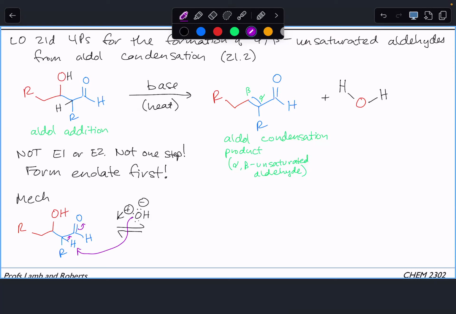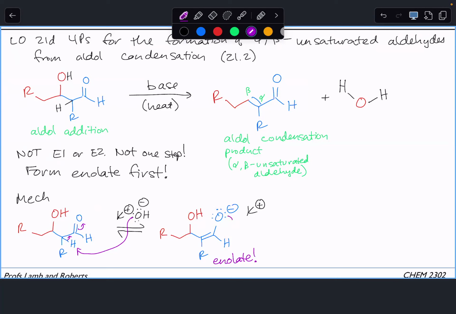So we form an enolate just like we did before. Okay, so we formed our enolate. Now that we've formed our enolate, we can eliminate out our OH.